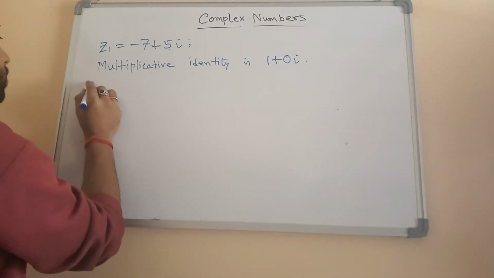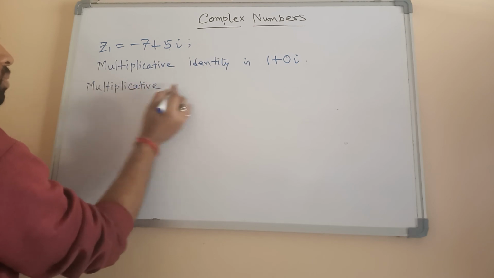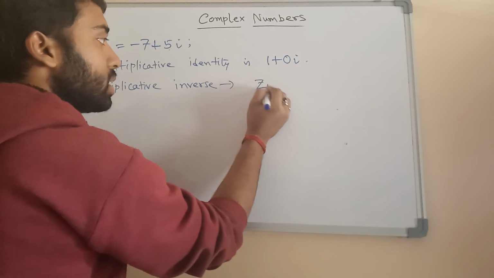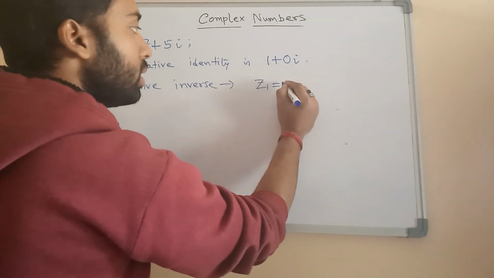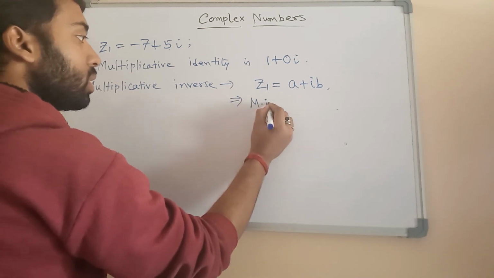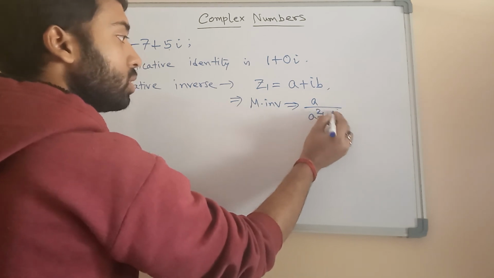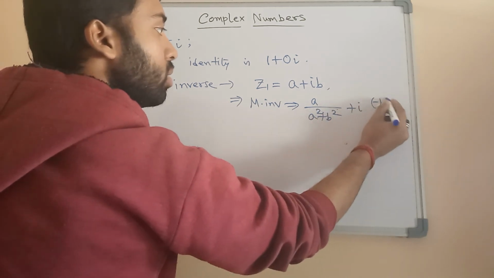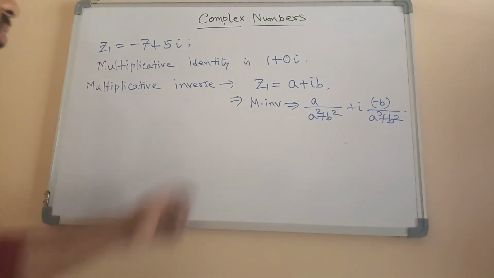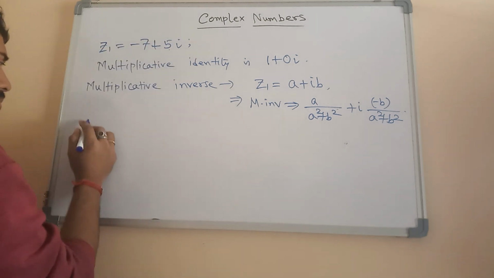So next, multiplicative inverse. As I discussed that if Z1 is of the form A plus IB, then its multiplicative inverse will be A by A square plus B square plus I into minus B by A square plus B square. So just choose A and B from the given complex number.